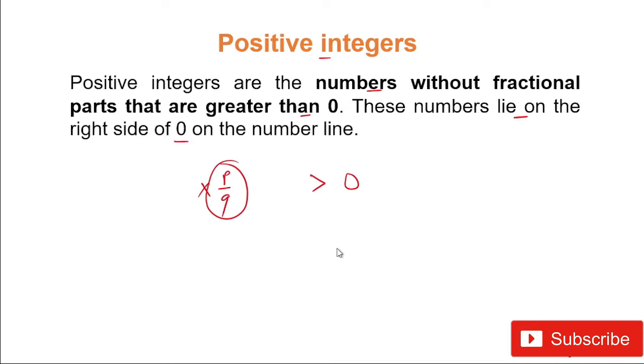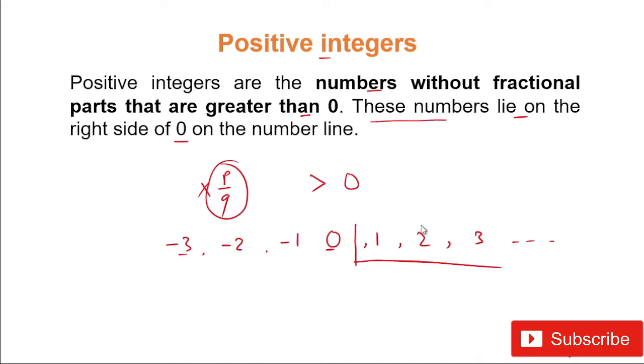If we draw the number line, 0 is in the middle, then 1, 2, 3 and so on, and on the left side there will be -1, -2, -3. The numbers on the right side of 0 are the positive integers.